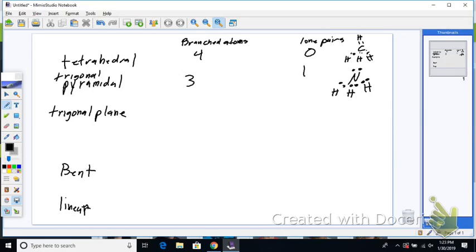Okay, trigonal planar. Three, 0. Okay, and then so that would have been like this one. So some of you that did not have all the shapes done, you probably can look up here and you could probably start writing some shapes down of some that you haven't done yet.